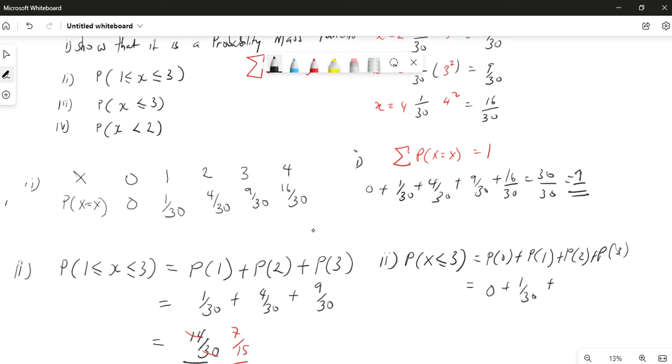So just like in the previous question, you have 0 plus 1 over 30 plus 4 over 30 plus 9 over 30. And again, you still come to 14 over 30, which can be simplified to 7 over 15.